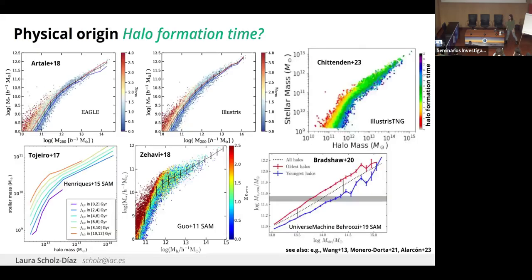If we turn to simulations, I'm showing you here the stellar to halo mass relation in a wide variety of simulations: EAGLE, Illustris, IllustrisTNG, and different semi-analytical models. All these models show a dependence with halo formation time. So the scatter of the stellar to halo mass relation correlates with the formation times of the halos in all these different theoretical models.